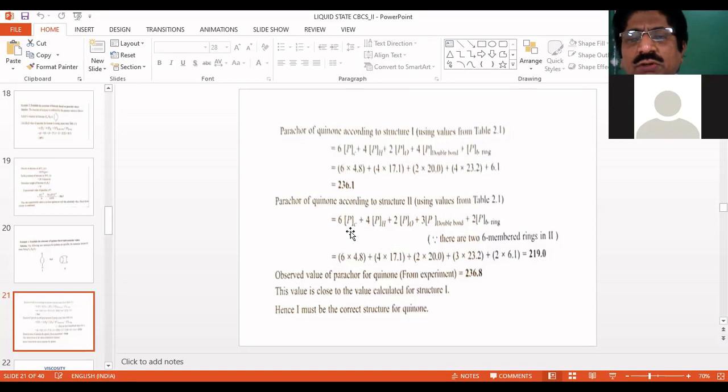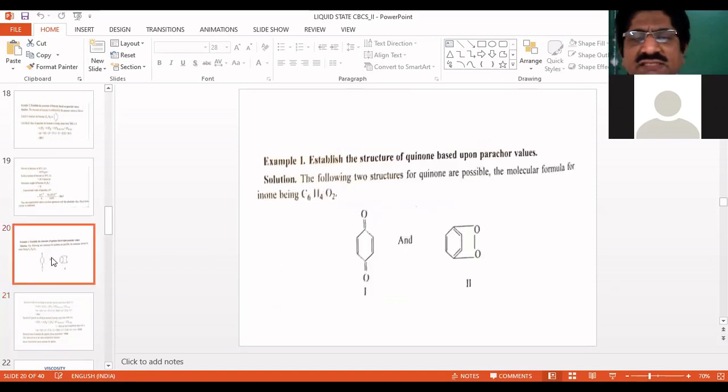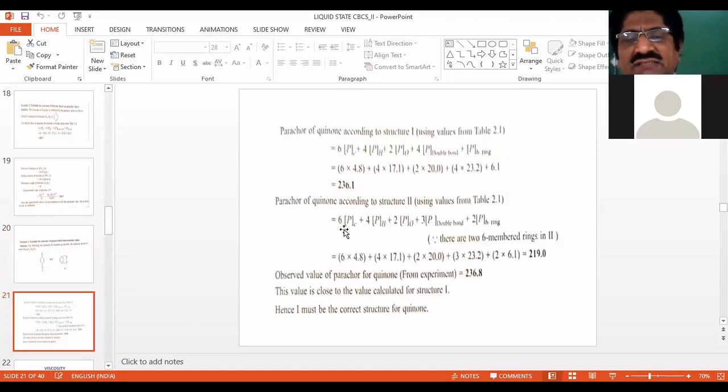Now here also, based on the structure, the structure is like this. Now, there are only 3 ethylenic double bonds, and 2 oxygen, 4 hydrogen and 6 carbon. That is the same for structure 2: 6 carbon, 4 hydrogen, 2 oxygen, 3 ethylenic double bonds and a six-membered ring.